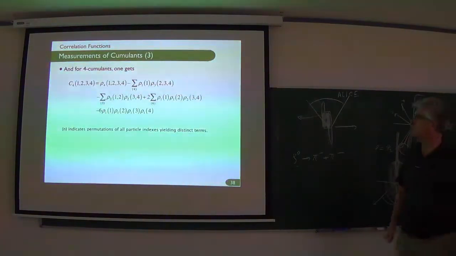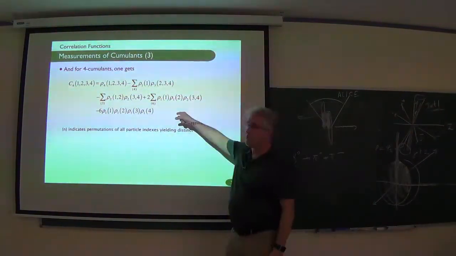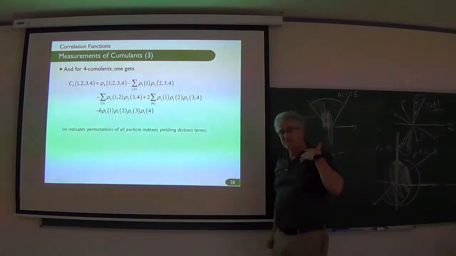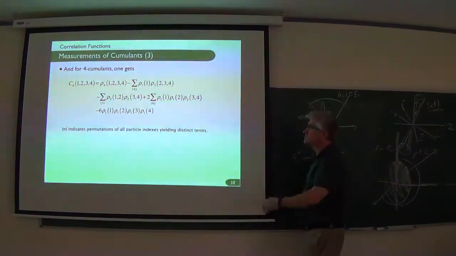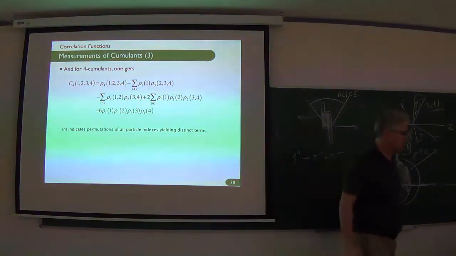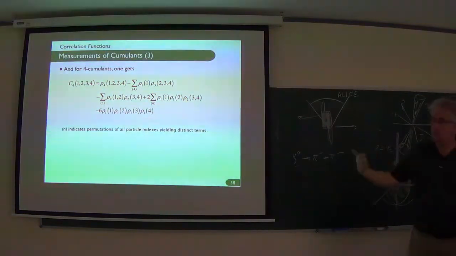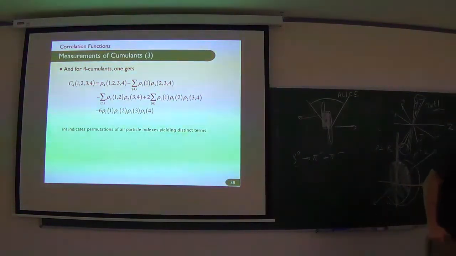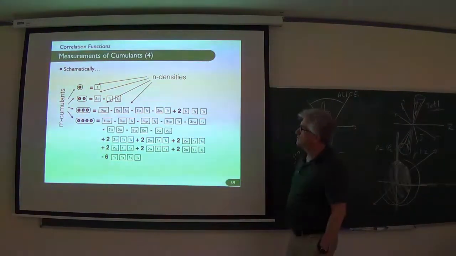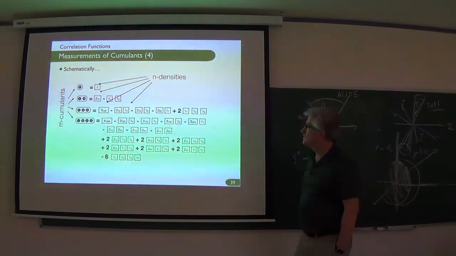The challenge becomes exacerbated when you go to 4, 5, 6, and so on particle cumulants. So you need extremely large data sets to do this kind of analysis, especially if you want to go all the way to 8-particle cumulants. Schematically, I can write it this way, just as a visual aid.